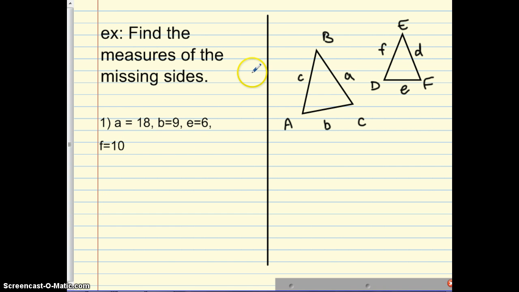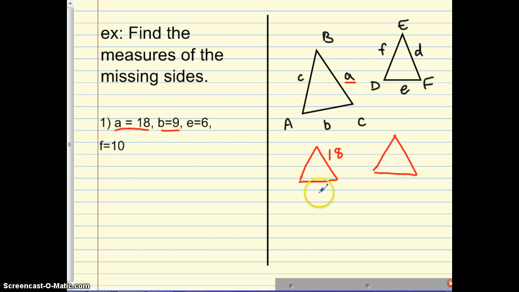Another thing that we're going to do is find the measures of missing sides. They will give you a general picture like these, and you're going to do about 5 problems off of it. So the first thing you want to do is redraw the triangles on your paper and put in the sides that you know. So we have A equals 18. Here's your A, so put an 18 here.